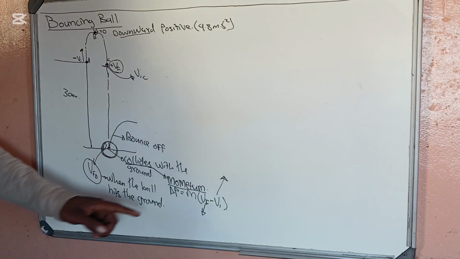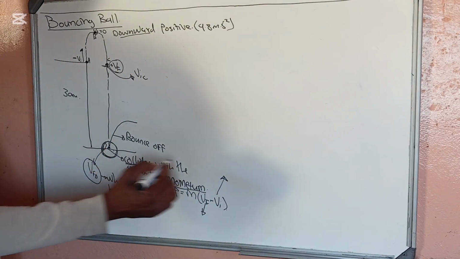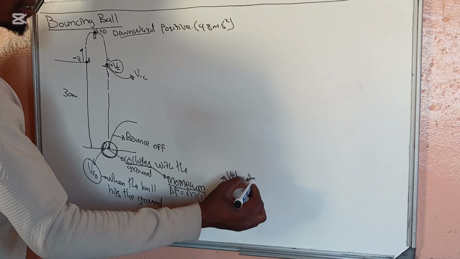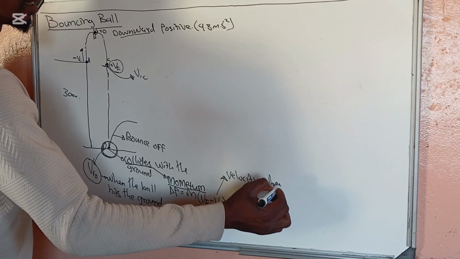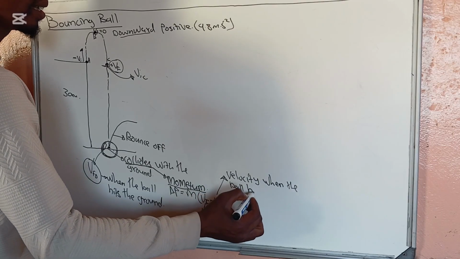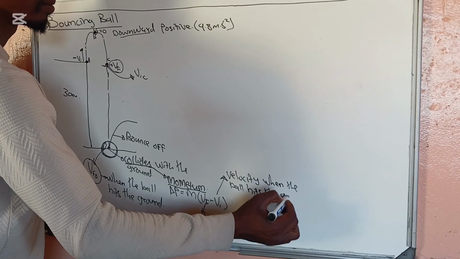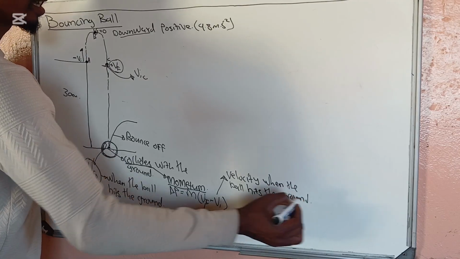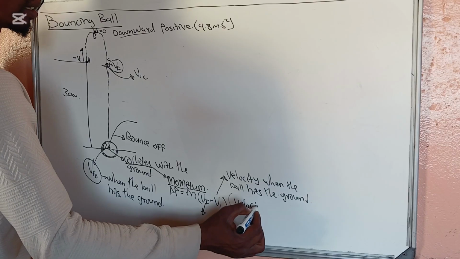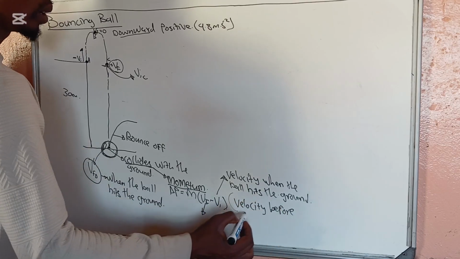Now, the vi becomes what? The velocity when the ball hits the ground. And that is your velocity before collision.